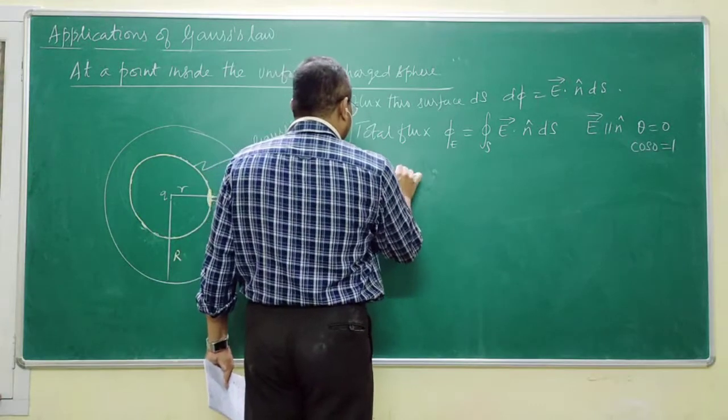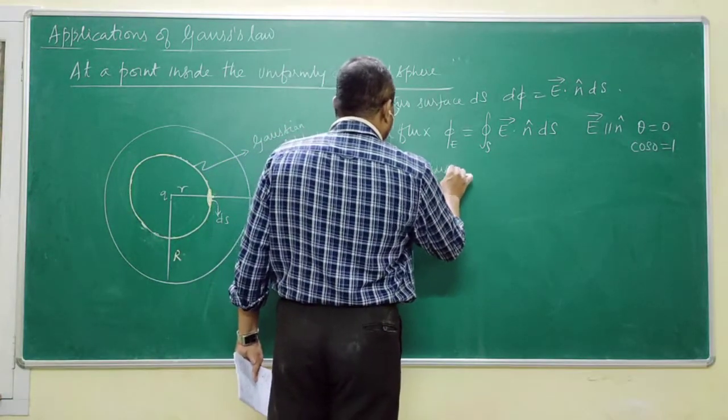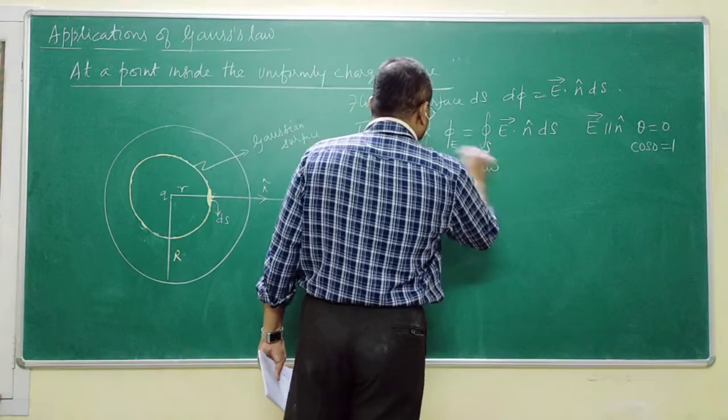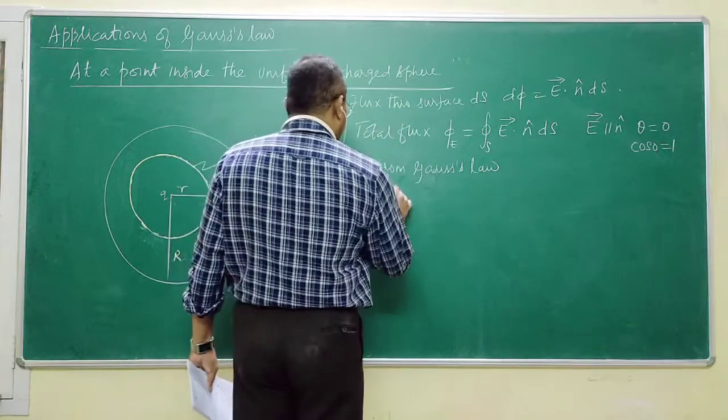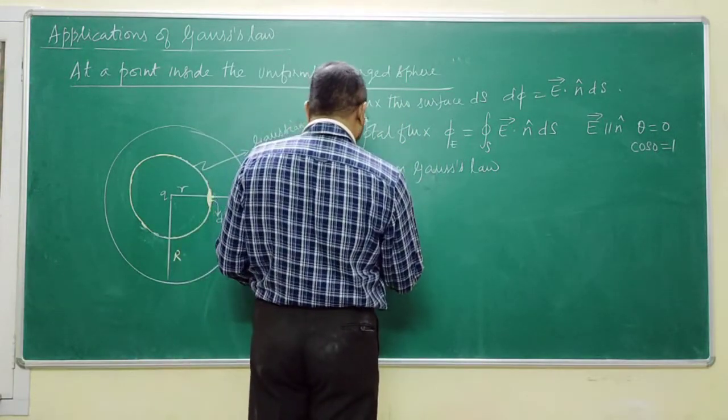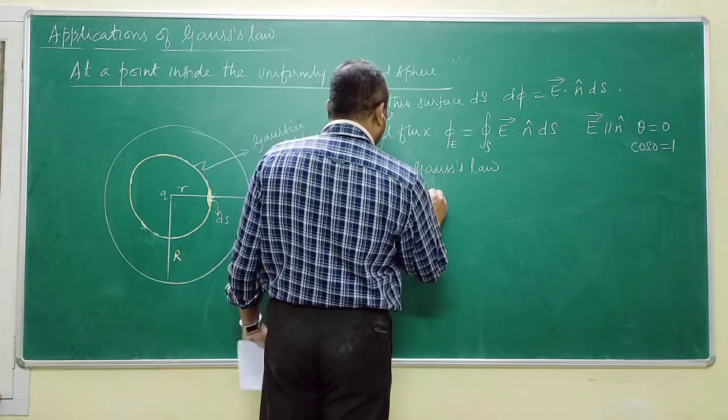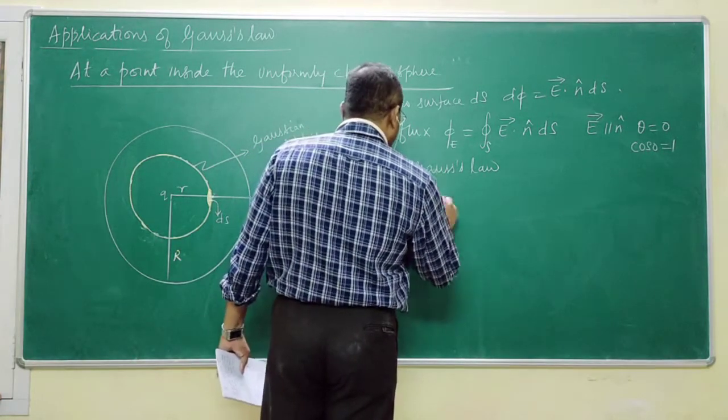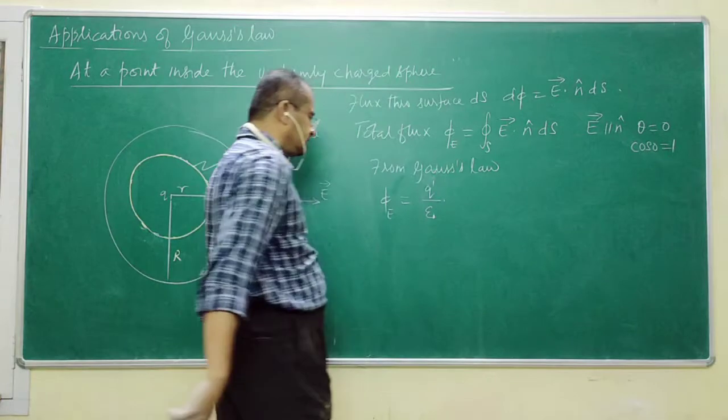Now, from Gauss's law, I write phi E is equal to Q dash by epsilon naught. Very important here.